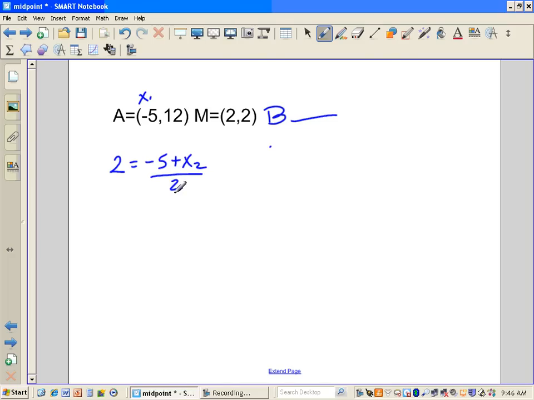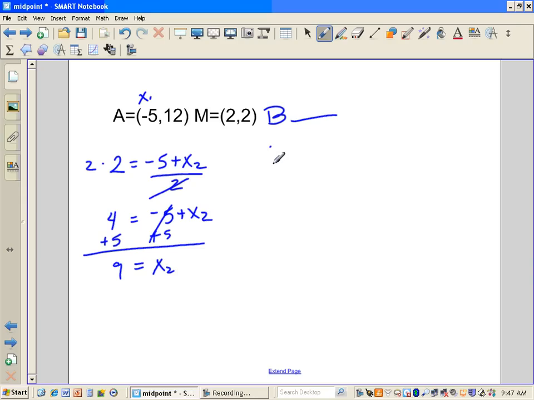I'm going to skip a step here. You know you have to multiply by 2, and that cancels out on this side. So multiplying by 2, I have 4 equals negative 5 plus x2. Be careful, it's negative here, so the opposite would be adding 5. So my x2 is going to be 9. 4 plus 5 is 9.